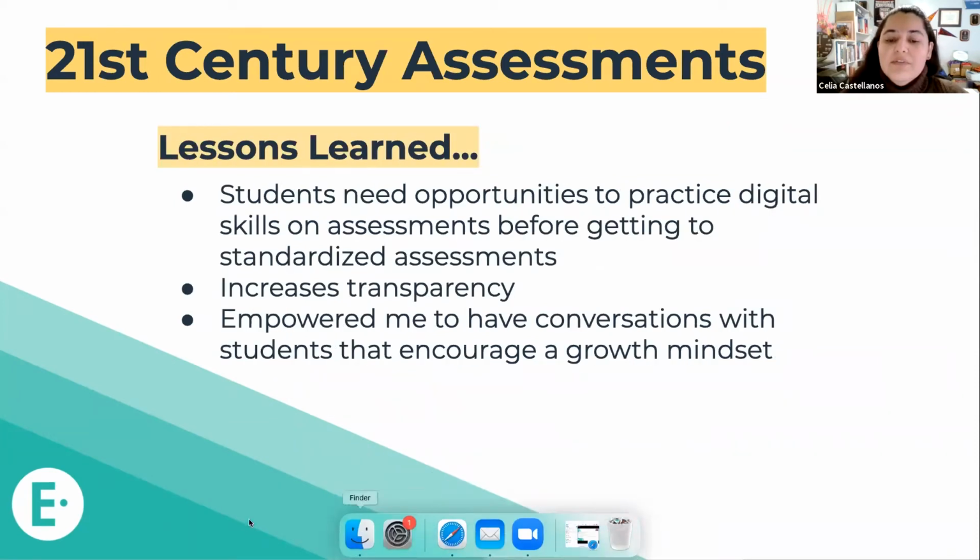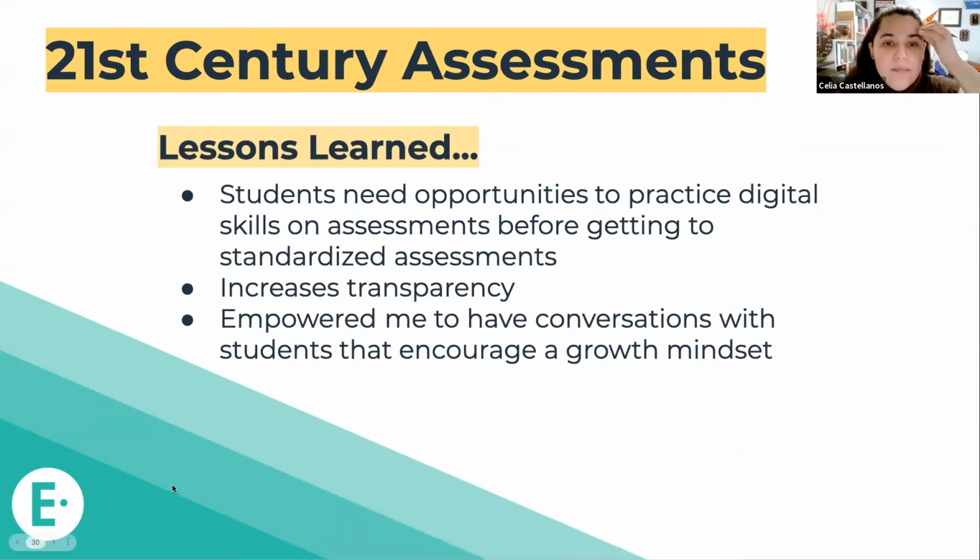And these are some of the lessons that I learned throughout my journey with Edulastic. I am definitely not at the same point with Edulastic as I was 5 years ago. When I first started using it, I was looking for those SBAC type of tests, and I was using the item banks and the assessments that were already created.